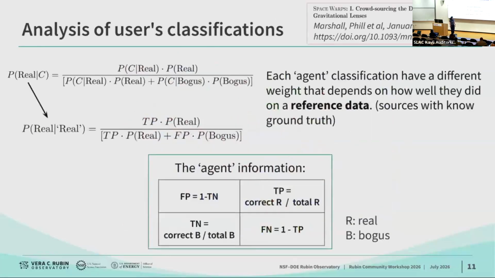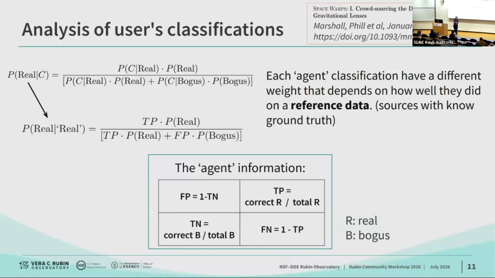There are many papers that deal with this issue in different ways, and the Universe team also has suggestions about that. But in this case, we decided to use a probabilistic approach that was introduced in the Space Warps paper in 2016.